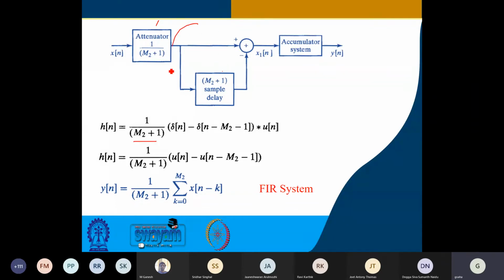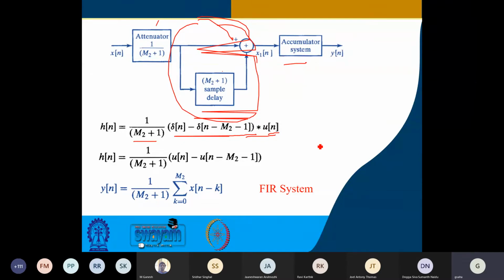And this particular system is the accumulator system, this is the impulse response. And systems in series need to be convolved to generate the final equivalent overall impulse response, the unit sample response.